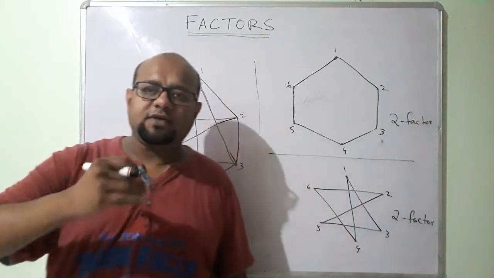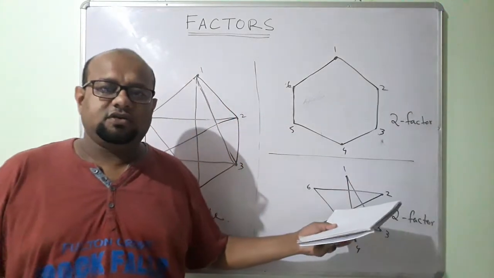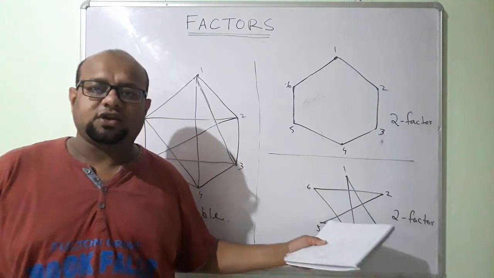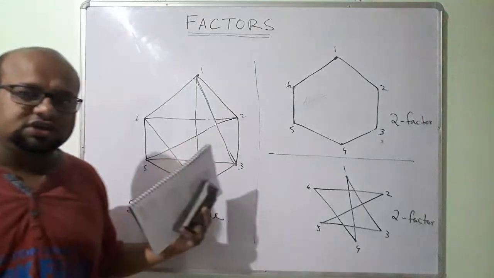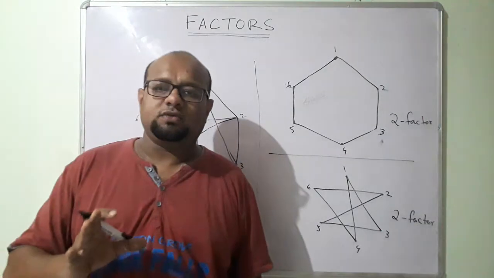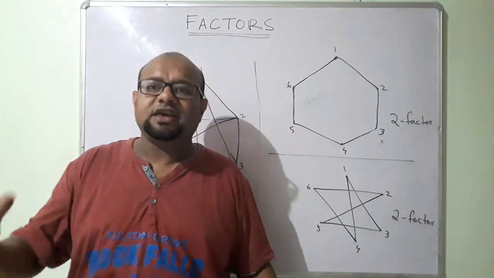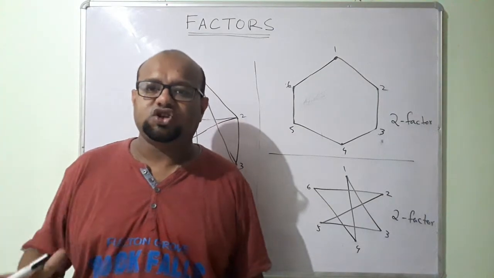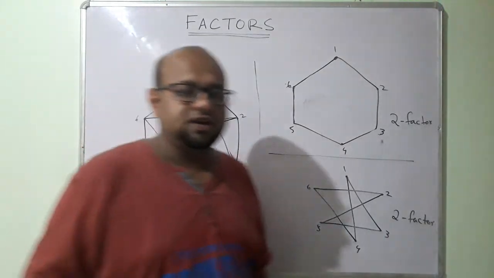If you have one edge common between two different k factors, then when you union them back, this original graph will not be k factorable. If you want a k factorable graph, then these different k factors have to be edge disjoint. That is a restriction given to us by definition.